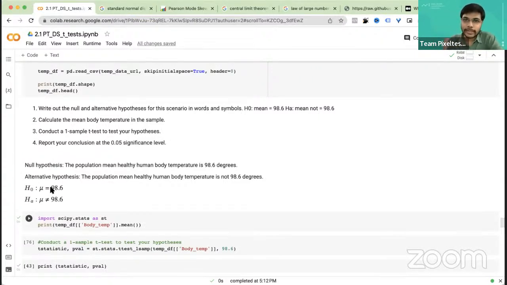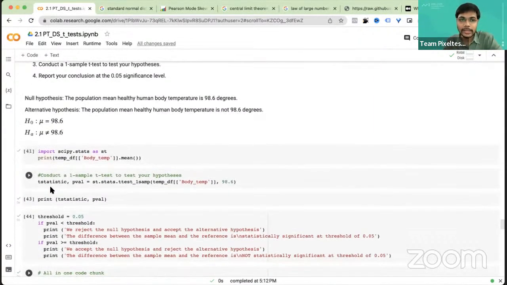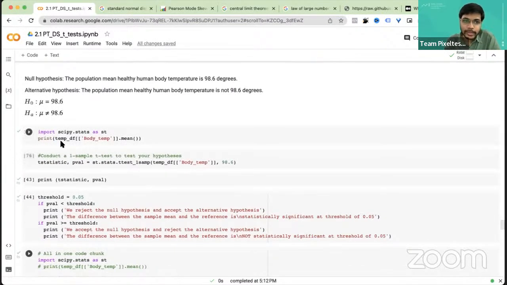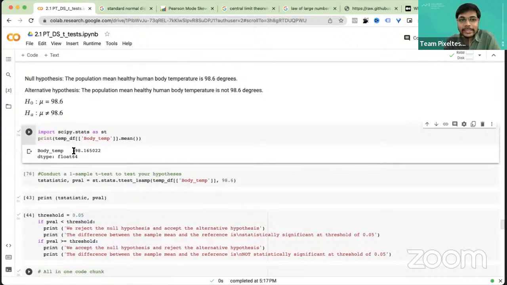So if you see the whole data set that we got, we'll check if it is closer to our hypothesis, or whether for that particular data set we are going to reject that null hypothesis. Similarly, we are going to get the mean of the body temperatures of 223 people. Now we can see that the average body temperature is 98.16, which is not 98.6, it is a little lesser.